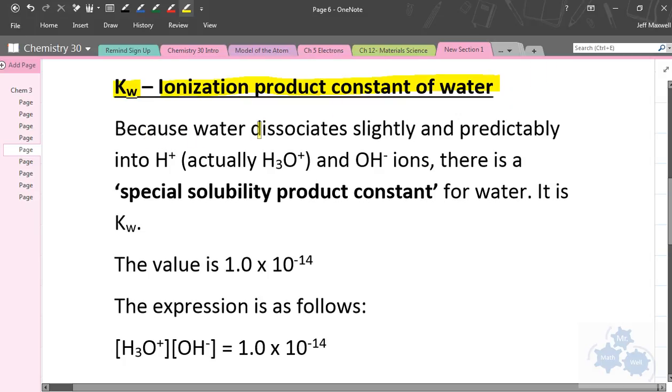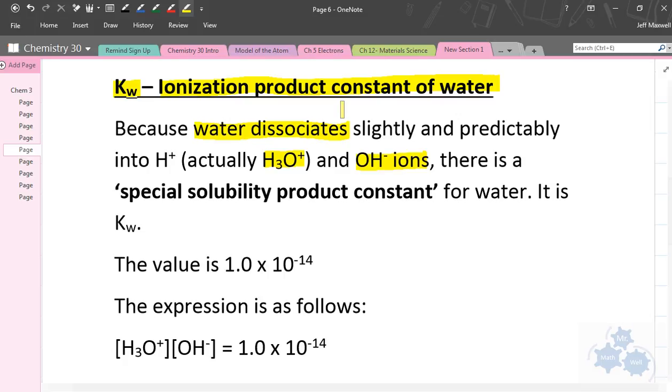Because water dissociates slightly and predictably into H+, and that's actually H3O+, and OH- ions. Now, we may have talked about this before, I believe we have, but just in case we haven't, when we have a regular water molecule, H2O, if you have a sample of pure water, you don't have exclusively H2O molecules in there bumping around.